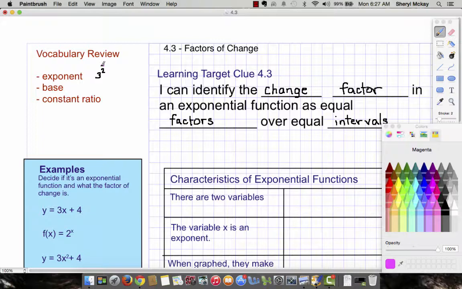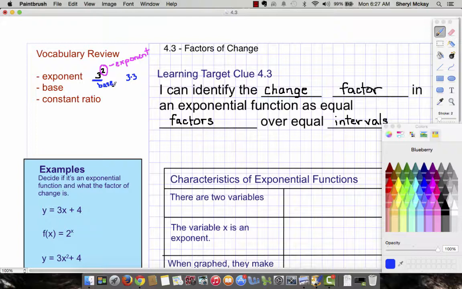And that is a power, which means that I'm going to multiply the base, which is the bottom number, by itself that many times, okay? So I'm going to take 3 and multiply it by itself 2 times. So that would be 3 times 3, all right?